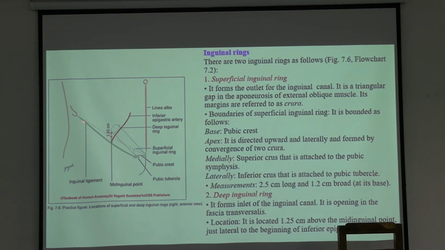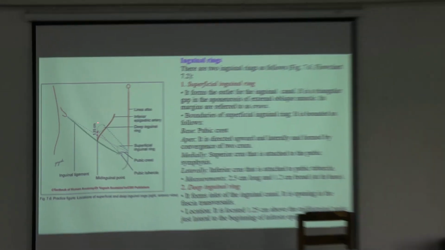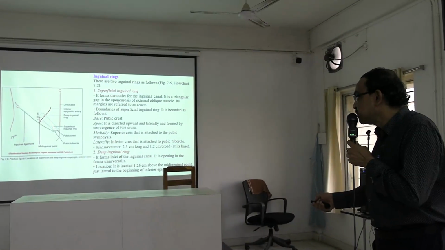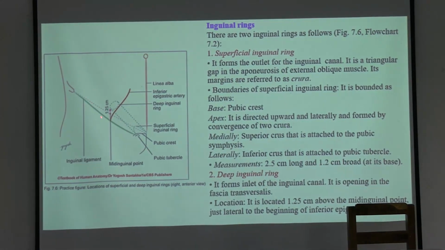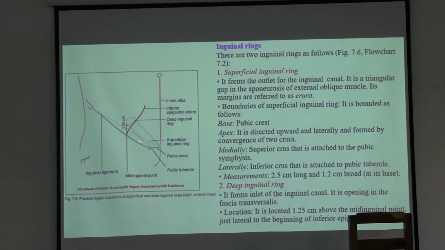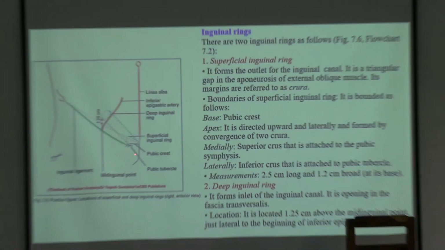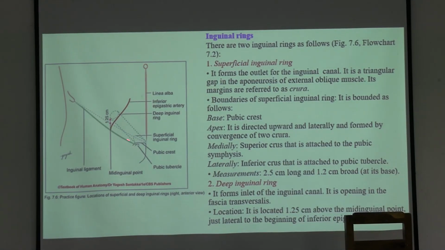The whole inguinal ligament, we can assume this is the lateral part, this is the medial part of the ligament. So this canal is present in the anterior abdominal wall and it is parallel to the medial part of the inguinal ligament.